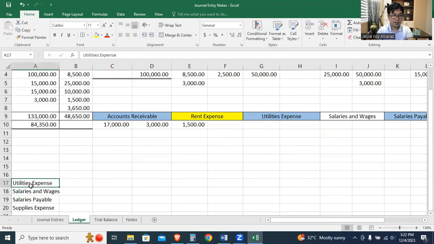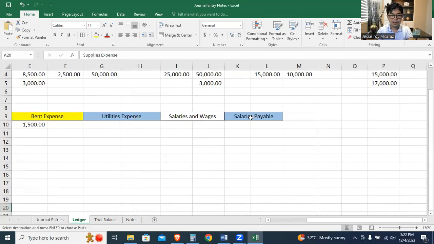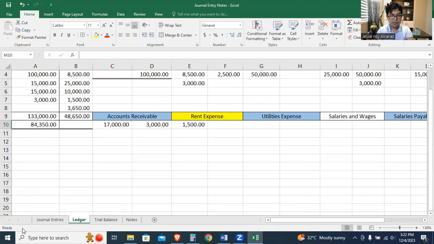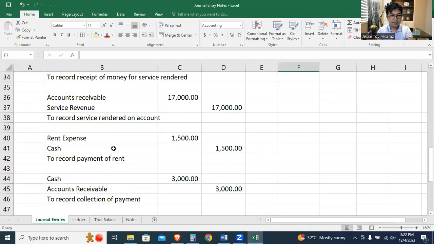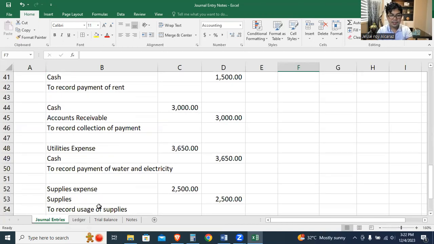Supplies expense. So utilities expense, we have 3,650.